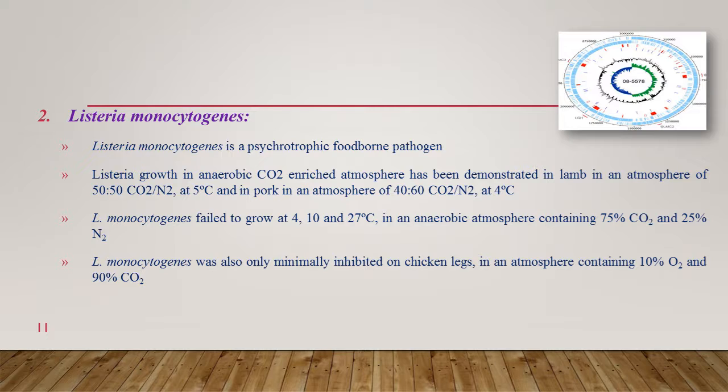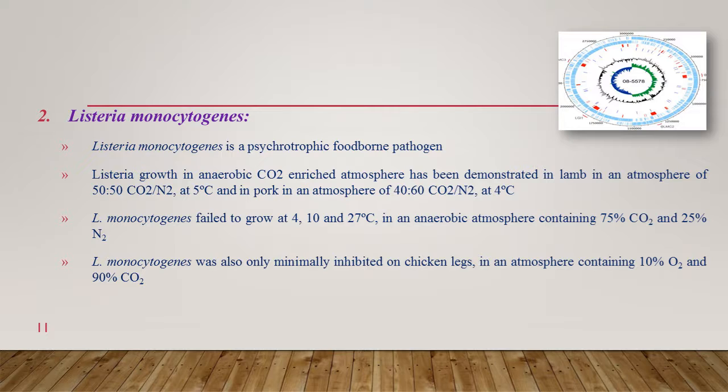Now moving to the next slide, the next microbial safety is Listeria monocytogenes. Listeria monocytogenes is a psychrotrophic foodborne pathogen. Here we can see the structure of Listeria monocytogenes from the figure.